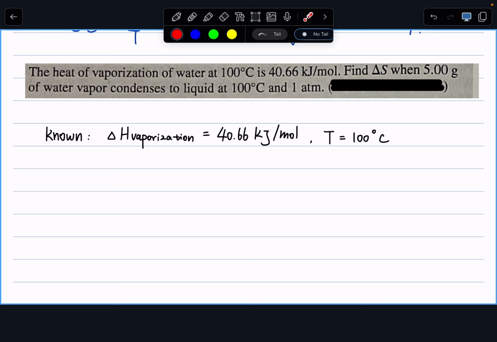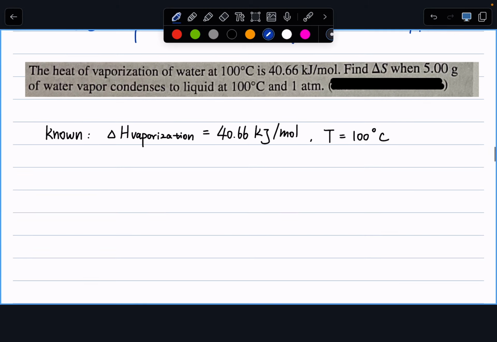Temperature equals 100 degrees Celsius. Now, when we set up this problem, we want to have the delta H of condensation, because that's what the question is asking for. So delta H condensation equals negative delta H vaporization, which equals negative 40.66 kilojoule per mole.